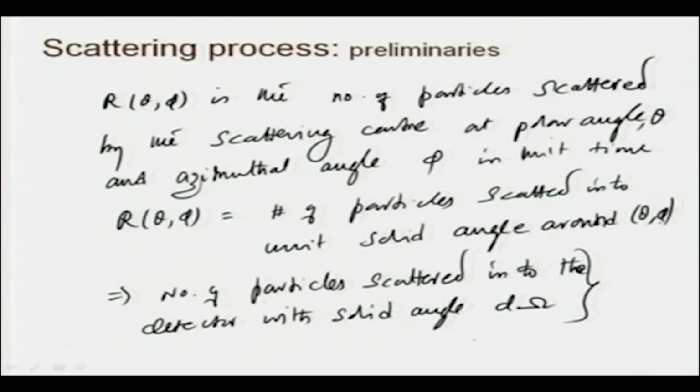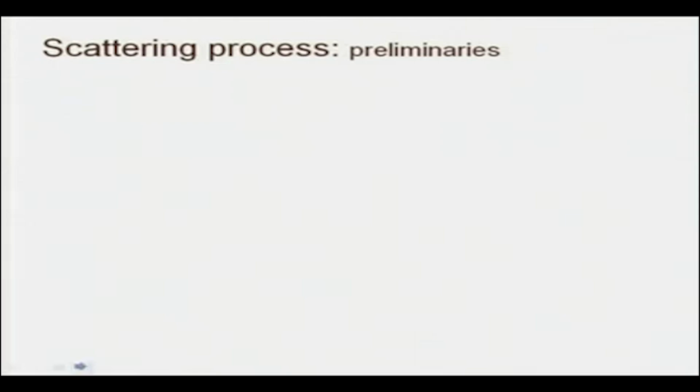This is equal to R(θ, φ) times dΩ. That is a straightforward thing to understand. Now, we already said that if we consider some small dσ, the cross-sectional area in the beam, and F as the flux, then this number is equal to F dσ.